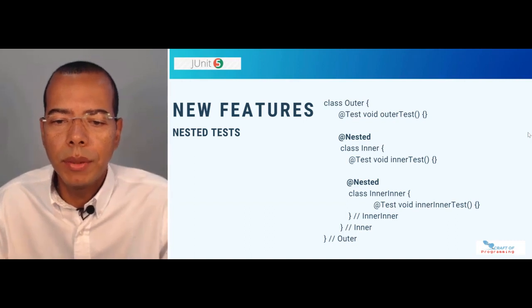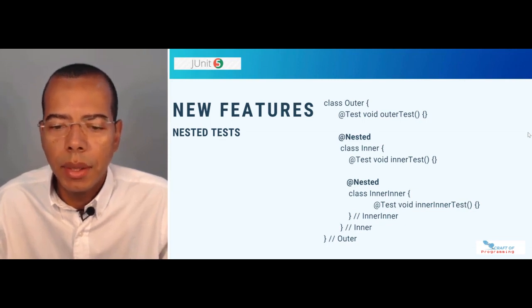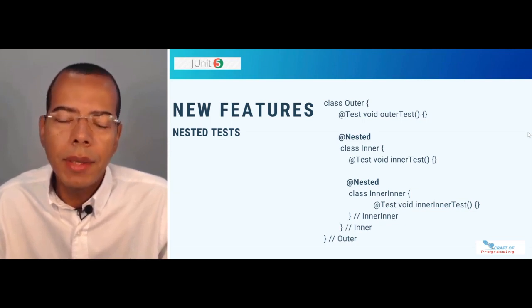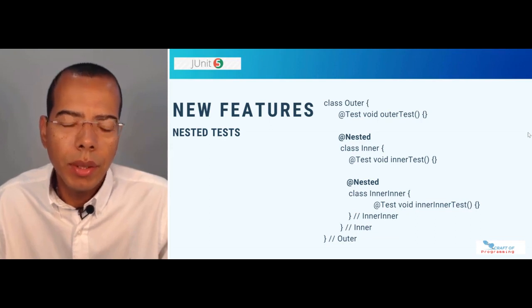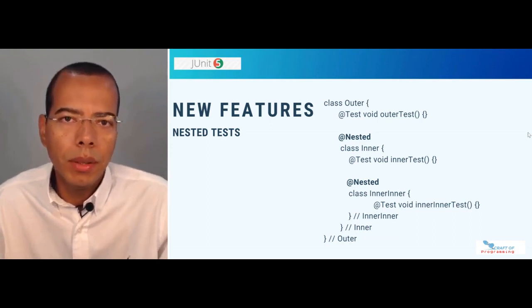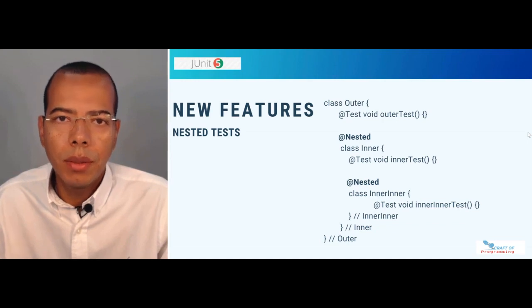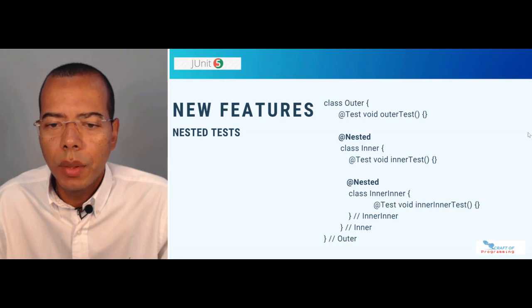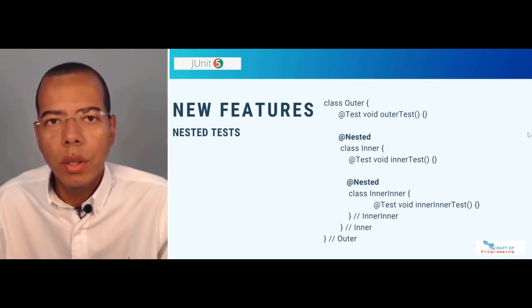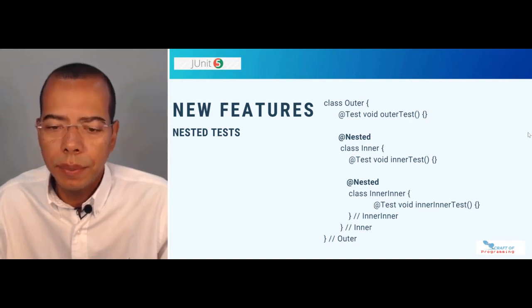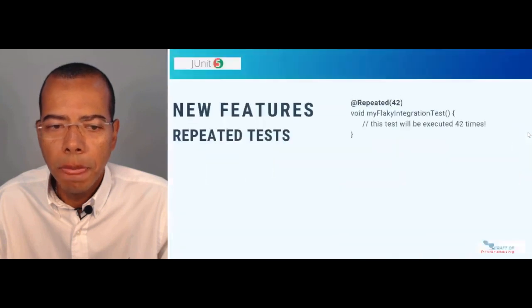You can nest with arbitrary depth or nesting level. So that's a nice way to group your tests when you are testing a data structure or something that has this nesting or inner classes structure, and your test is mimicking the structure of the code that you're testing. So that's the nested feature.